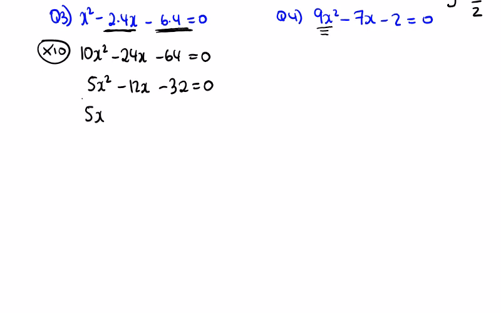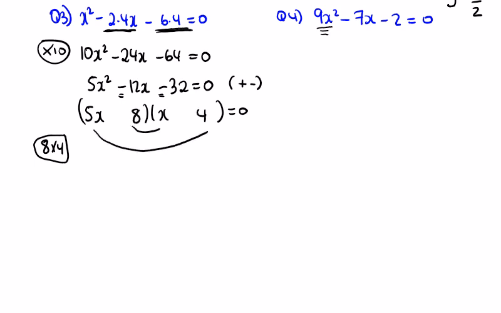And because 5 is prime, there's no other common factors. And because 5 is prime, it has to be 5x by x. Now, there's quite a few factors of 32. 8 by 4, I think, is what works here. We have a minus and a minus, so our signs are a plus and a minus. So if we put an 8 here and a 4 here, we're going to get 20 minus 8, which is 12.